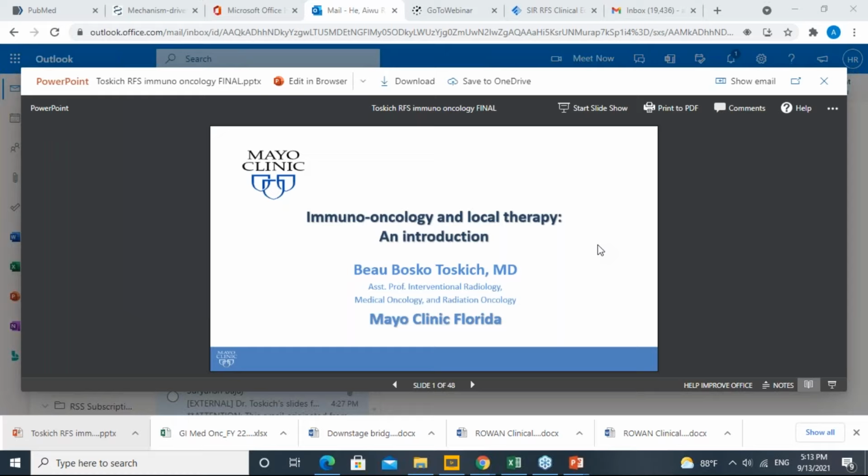So in our center, I think we incorporate liver targeted therapy for two purposes. One is for major disease control.